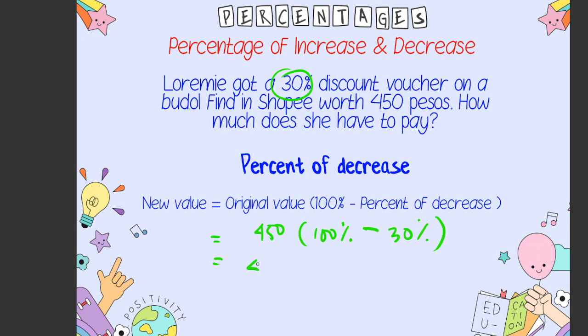So that's 450 times 70%. That's 450 times 0.70. 315 pesos. So Loremi simply has to pay 315 pesos on Shopee.